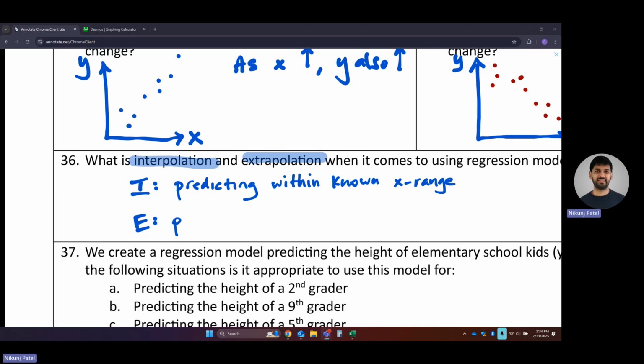And extrapolation is the same thing, but predicting outside of the known range. So the key idea here is interpolation is within or inside, extrapolation is outside of a range, outside.